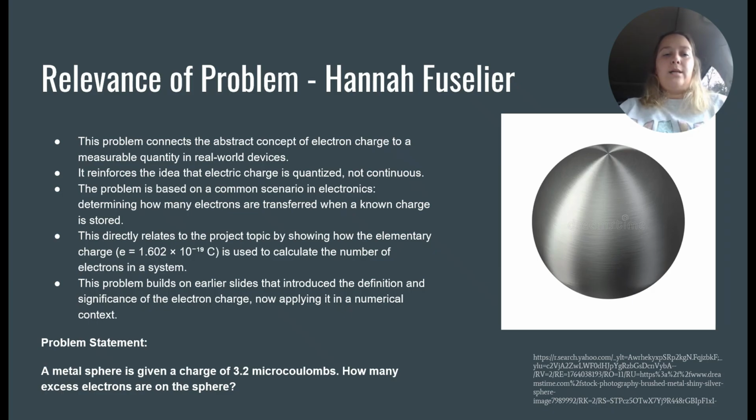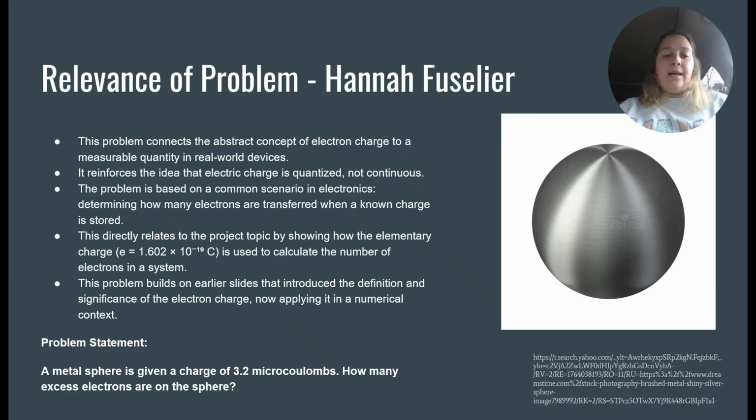This directly relates to the project topic by showing how the elementary charge e equals 1.602 times 10 to the negative 19th power is used to calculate the number of electrons in a system. This problem builds on earlier slides that introduced the definition and significance of electron charge, now applying it in a numerical context.